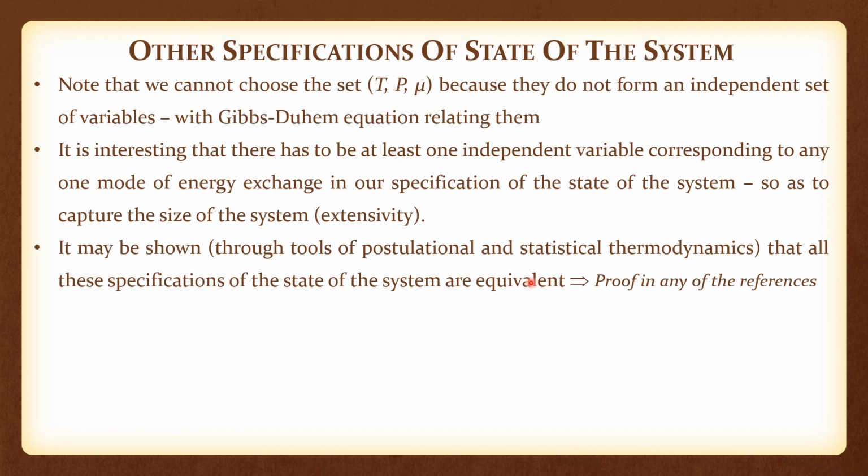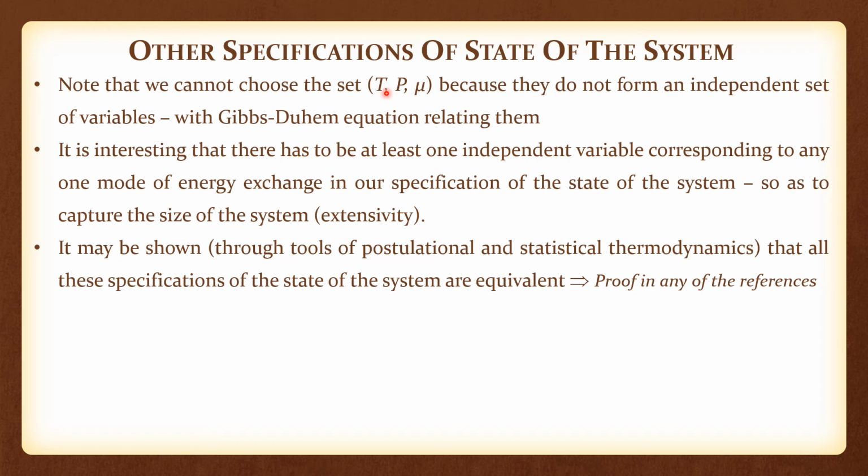When I change temperature as the independent variable instead of entropy, then the resultant thermodynamic potential is Helmholtz free energy, which is denoted by the symbol A. So A is A of TVN. When I change both entropy and volume as no longer independent variables and instead choose temperature and pressure, of course with N not mu, right?